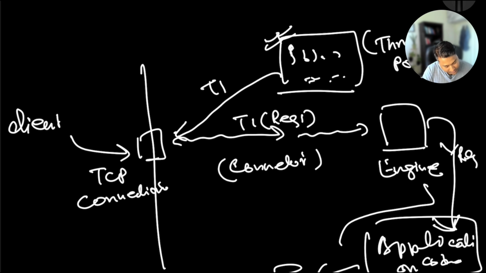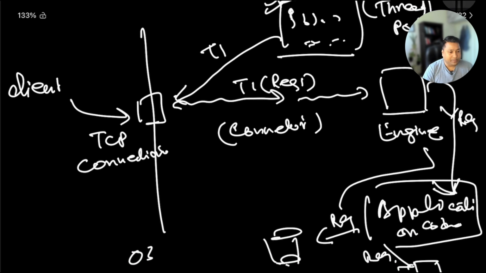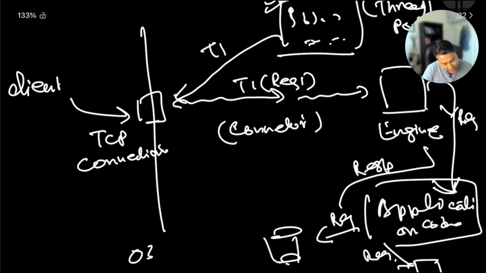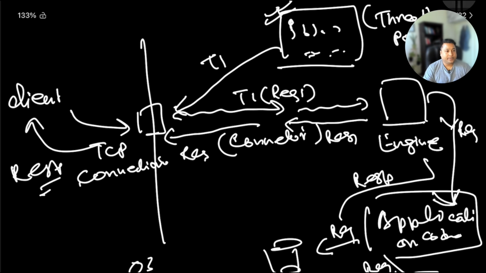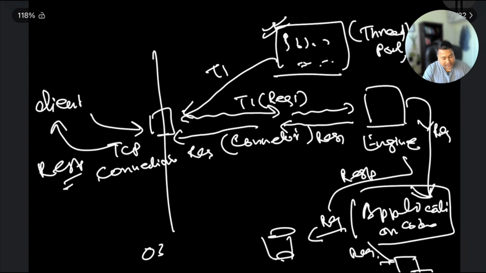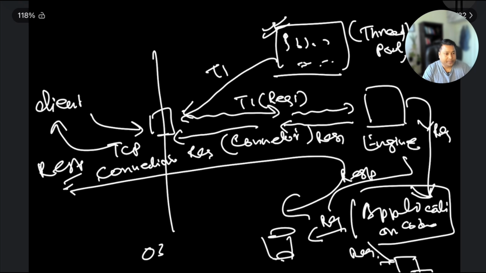Now from here, this application code will send a response back, this guy will also respond back, and then this response will be sent to your client. And till the time this whole process is over, this thread will be blocked. So it is synchronous in nature.